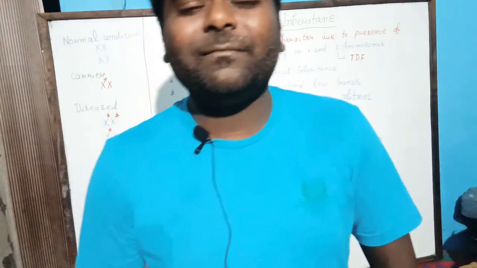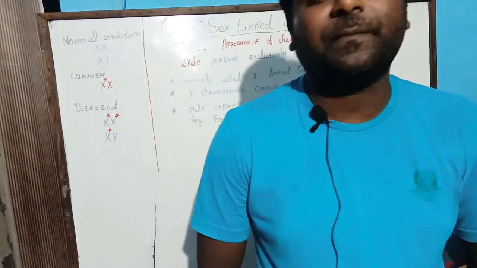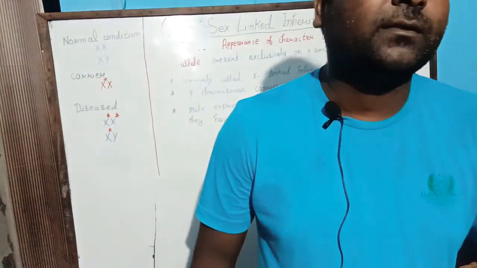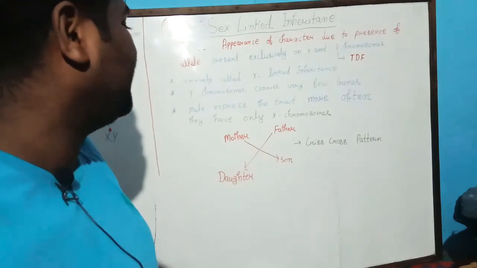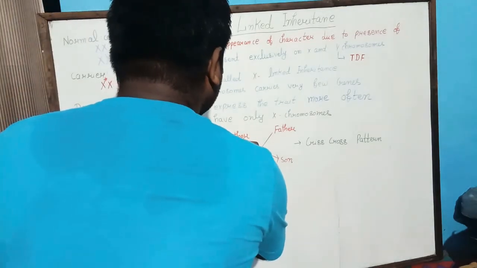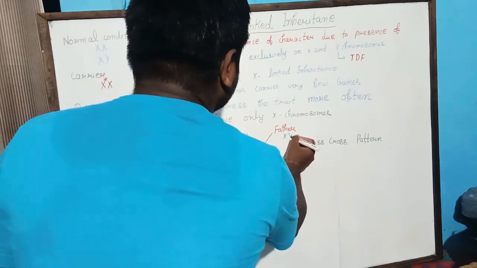Let's quickly talk about a very unique pattern of inheritance that we call the Crisscross pattern. It is unique but quite simple when you have knowledge of this. You can see the mother, XX, and the father, XY.